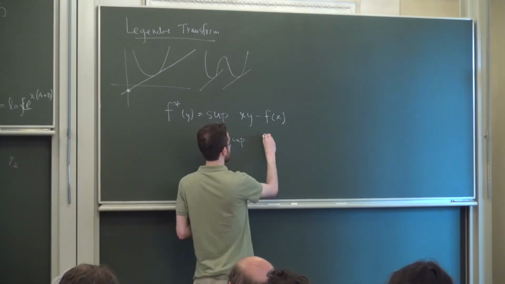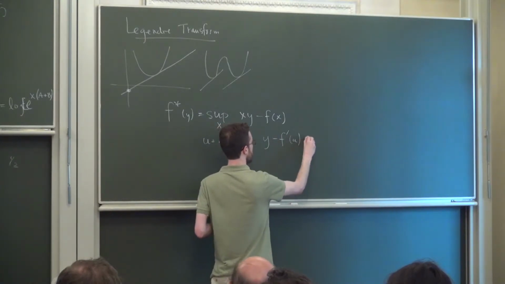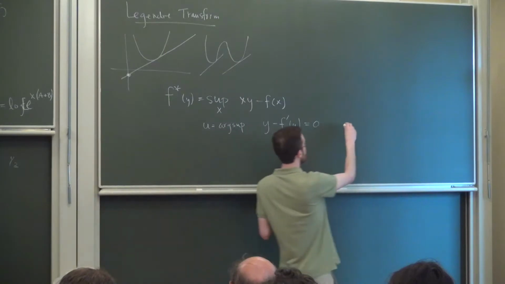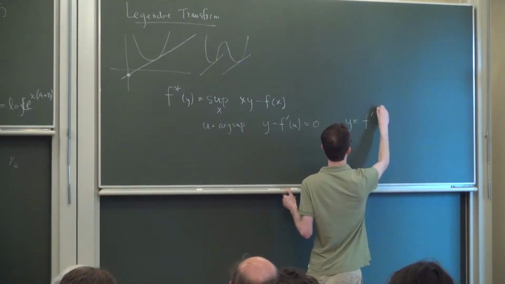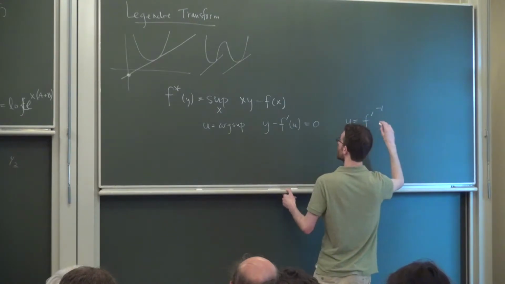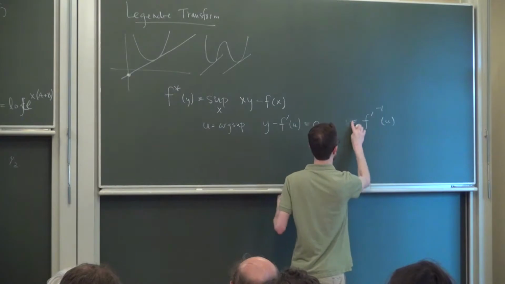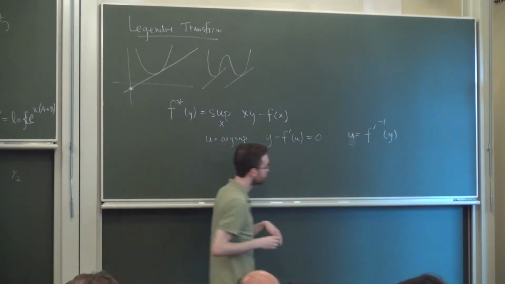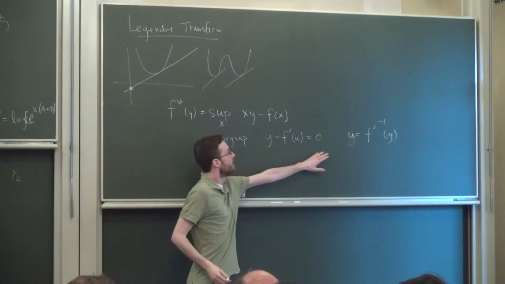So y minus f prime of u is 0, which in particular means that u is f prime inverse of y. And the important thing here is the inverse, right?